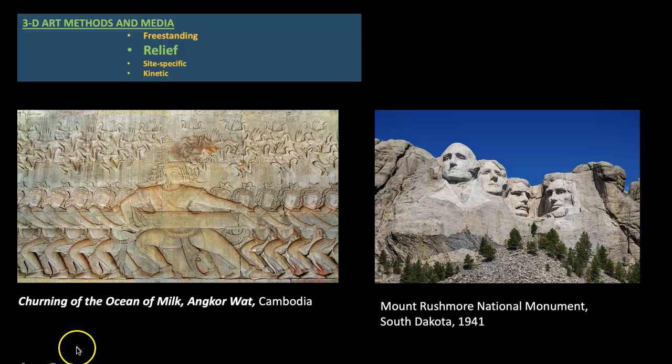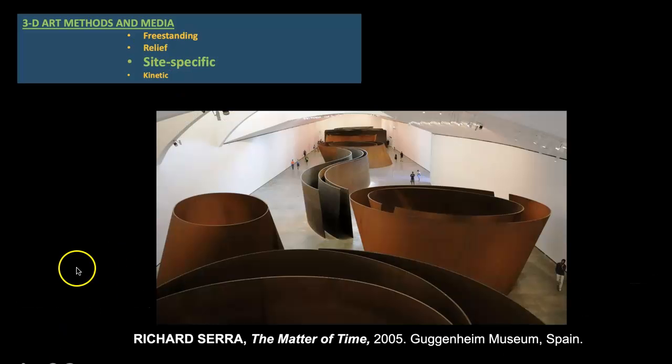Then, the other example I wanted to share with you is site-specific sculpture. So an example of that would be something very contemporary by Richard Serra. It's called The Matter of Time from 2005, and it was installed in the Guggenheim in Spain. It's made up of 8 sculptures designed to fit in this room.